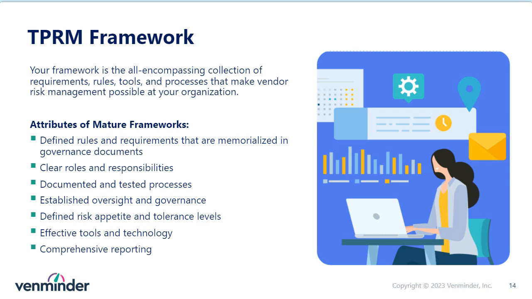But as a whole, mature frameworks have the following attributes. They have defined rules and requirements that are memorialized in our governance documents, clear roles and responsibilities, documented and tested processes, established oversight and governance, defined risk appetite and tolerance levels, effective tools and technology, and comprehensive reporting.